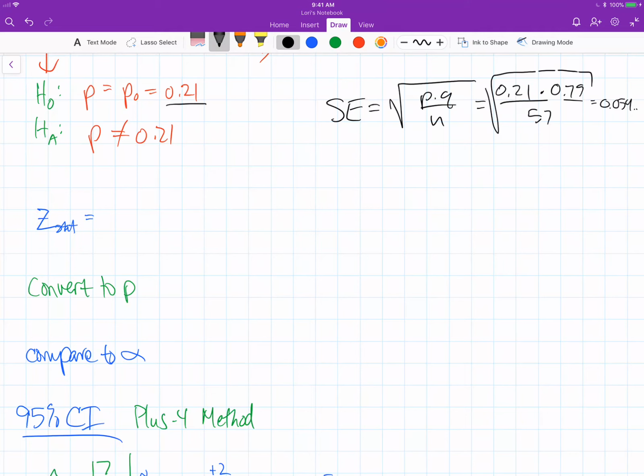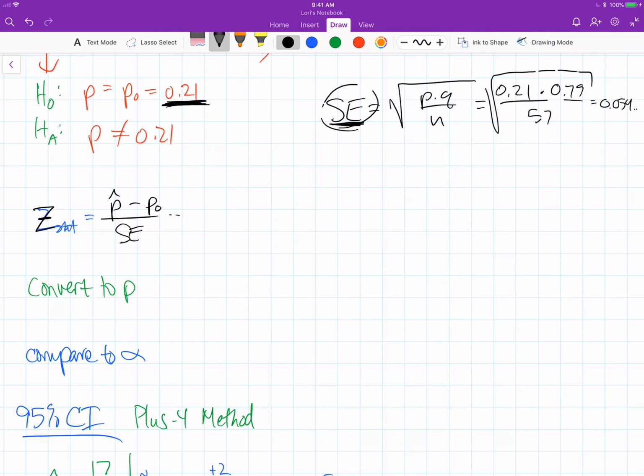If we know what we're testing in terms of a location, and we also have some kind of measure of spread, then we can calculate a z-value based on that normal approximation to the binomial, very similar to what we've seen before. Basically, we take our sample proportion, which is p hat, subtract out the test value, 0.21, and then divide that by the standard error.